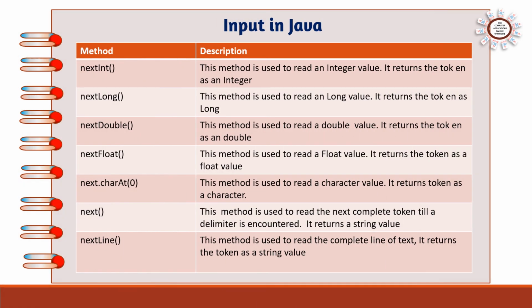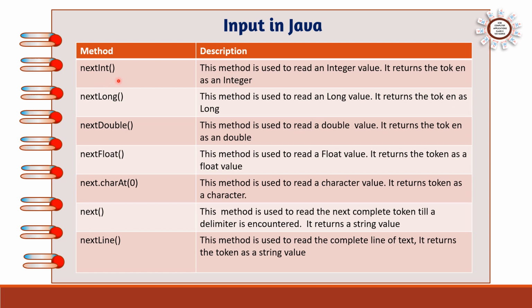We can see how input is accepted in the Scanner class by the different methods that are used to accept different data types, for example, integer data type, long, double, float. So here we can see the methods, and then we can find how to accept the data by using an example. So first of all, the methods are nextInt, I capital with no space.